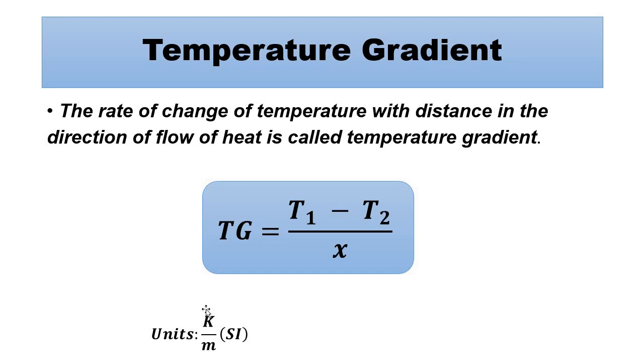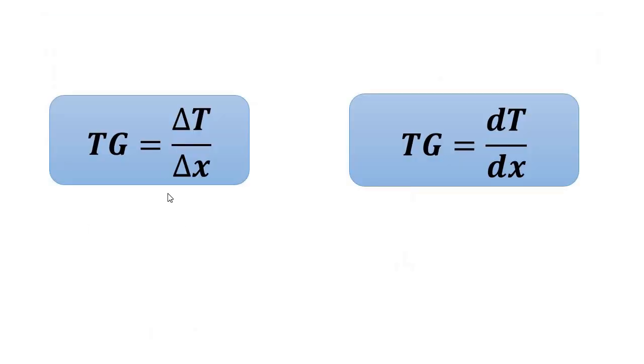The SI unit is Kelvin per meter: distance in meter, temperature difference in Kelvin. It can also be expressed as delta T by delta X, or in differential form dT by dx. So this is temperature gradient.